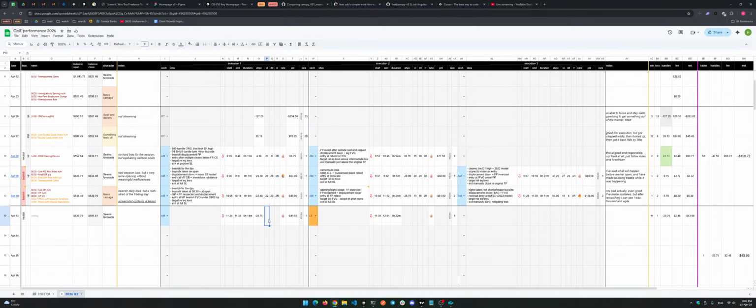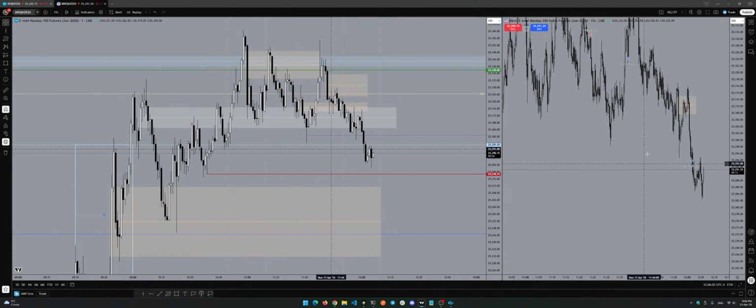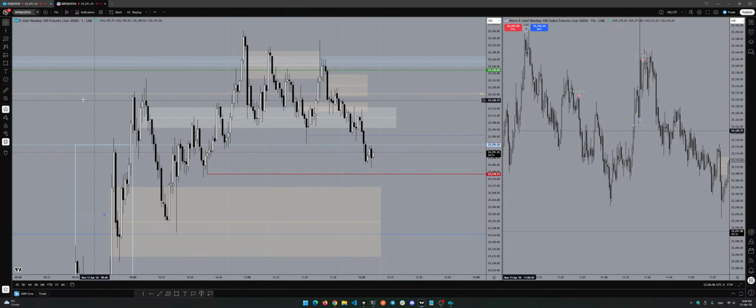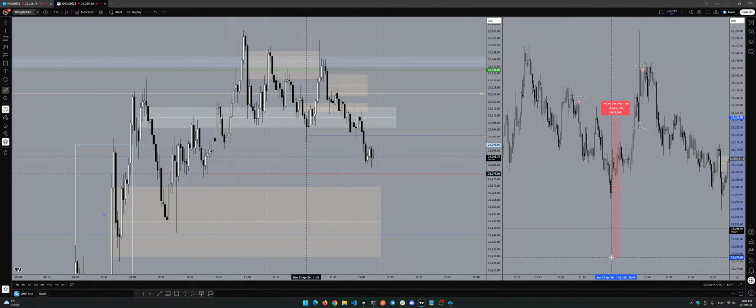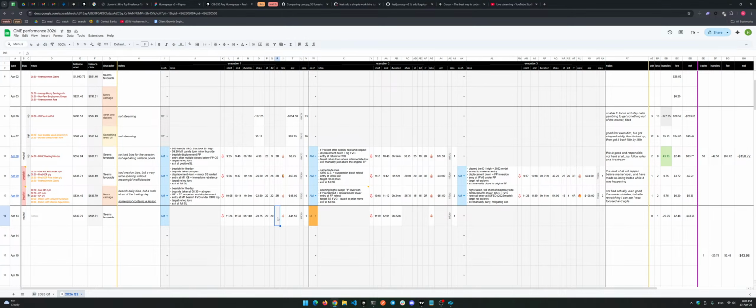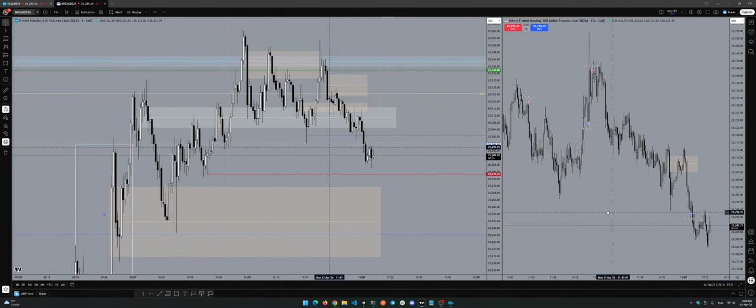Stop loss 20, drawdown 20, risk reward where I was aiming. Yeah, this one, but it wasn't so realistic. Maybe here or here. Well, it's a little bit less than 2. We'll mark it 2.